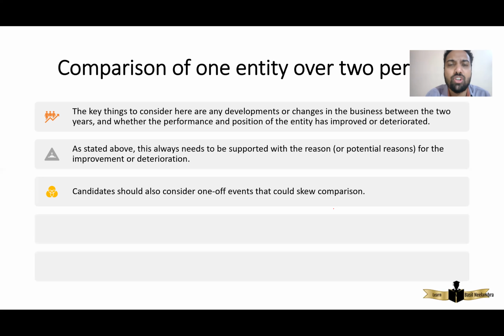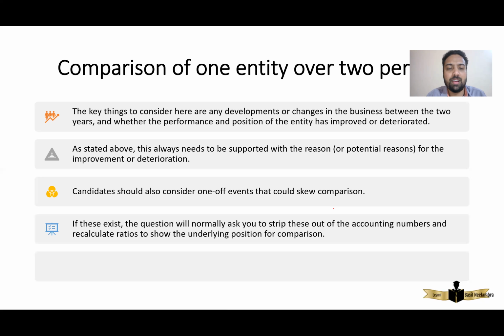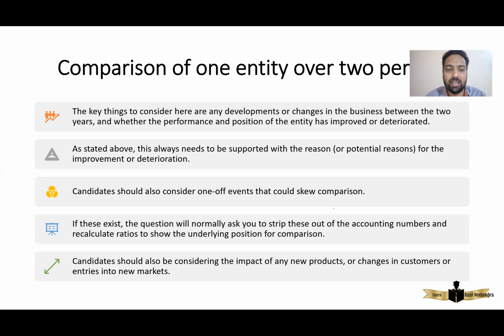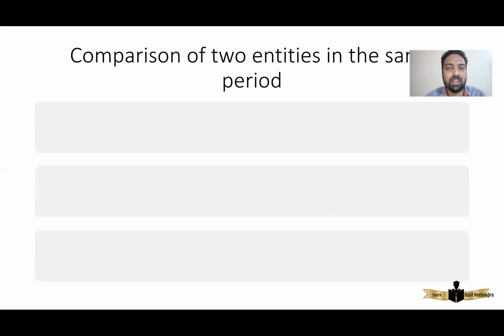Many such questions have been asked in past ACCA financial reporting papers. So if you go through the ACCA website and practice past papers, you know what we mean by this. Such questions will normally ask you to strip out these one-off items, reproduce new ratios and then compare. And finally, you have to compare if there are any changes in customers or the entity's market.